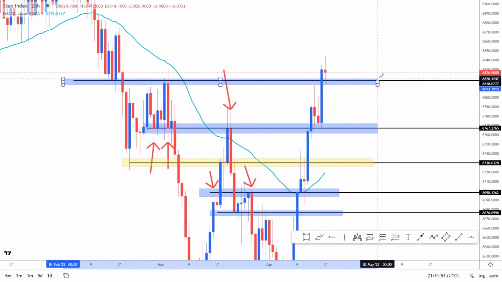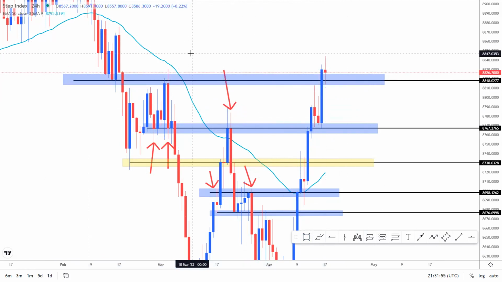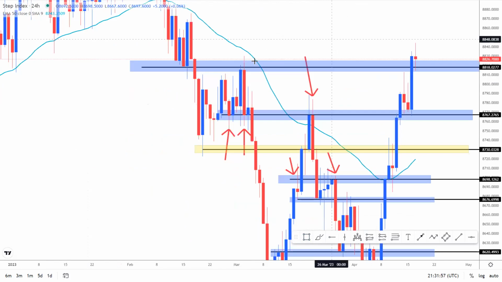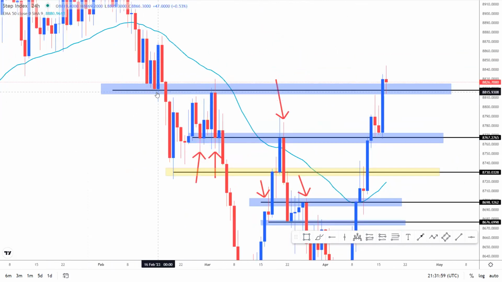We had ourselves this level right here. Quickly, you can see we had the level as a support right here. We had bounced off from the level, and then we had a quick break of the level, and now we had that flip like I'd established from the beginning of this video. So we have tested the level from the upside, and now we're seeing price test the level again from the downside.